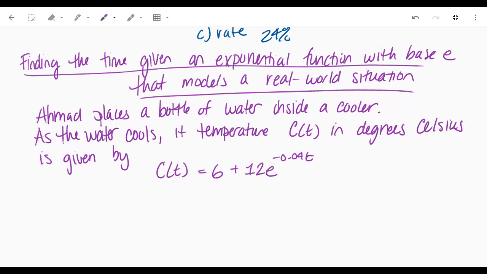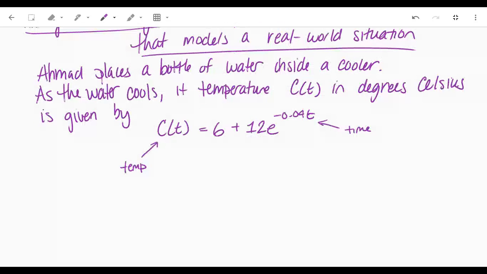Okay, so again, C of T is temperature, and T is time. Okay, and they say the time is in minutes. All right, and then it says he wants to drink the water when C of T, the temperature, is 14 degrees Celsius.